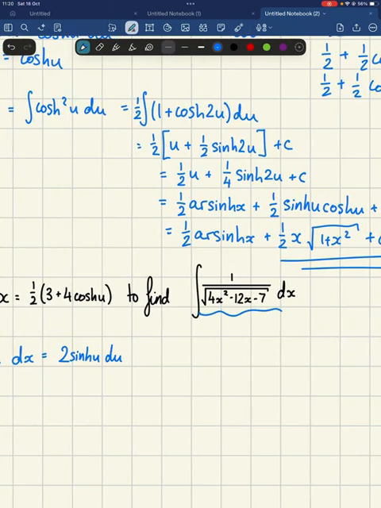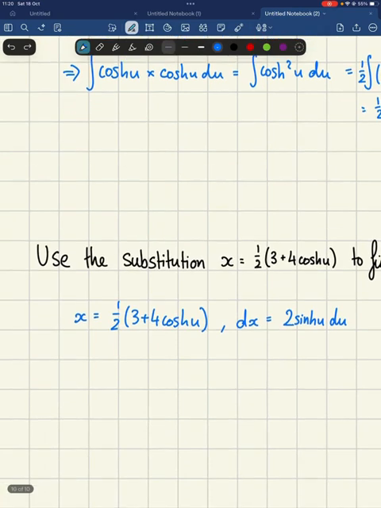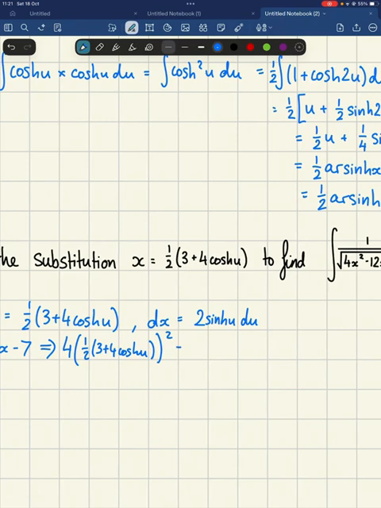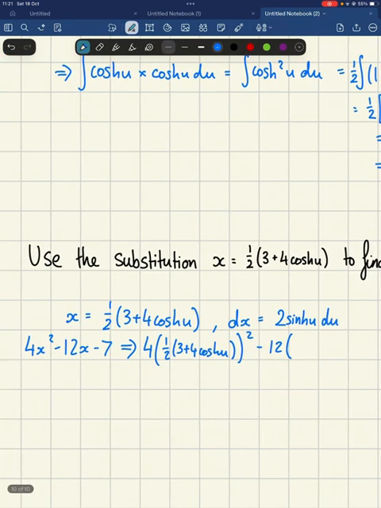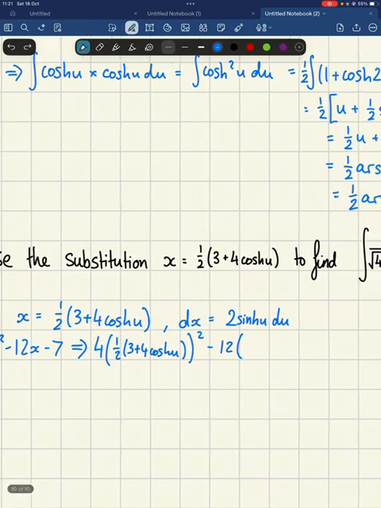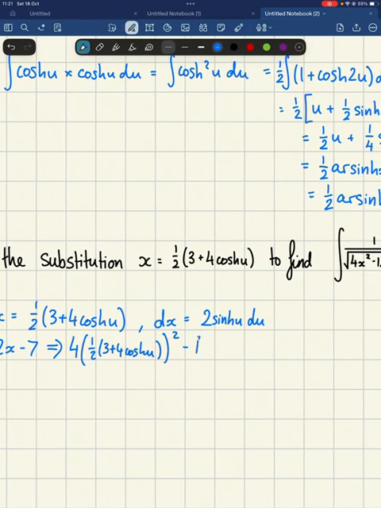Okay, now let's transform this square root. So 4x squared minus 12x minus 7. Well, when we make our substitution, we're going to get 4 lots of x squared, which is a half of 3 plus 4 cos u, squared, minus 12x, which is 12 multiplied by half of that, which is going to be 6.